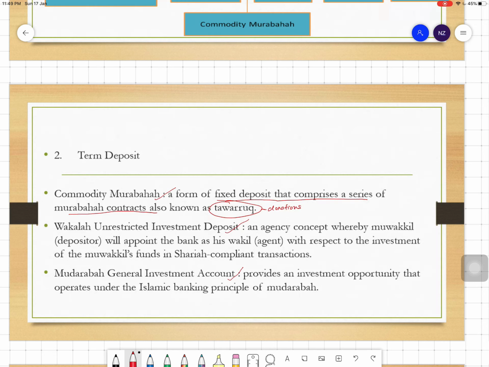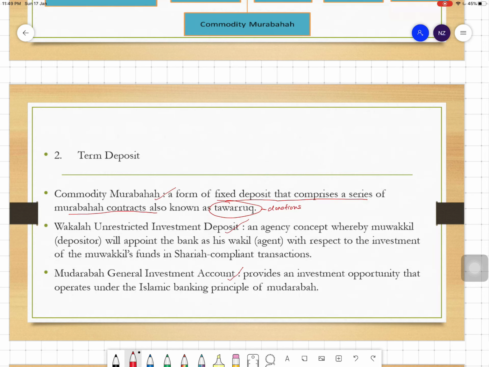So bila dia bagi duit to the agent, dia cakap okay, aku tahu aku dapat profit. So dia tak ada put some terms and conditions for the agent to invest in project lah kiranya. So that is the meaning of unrestricted investment deposit.